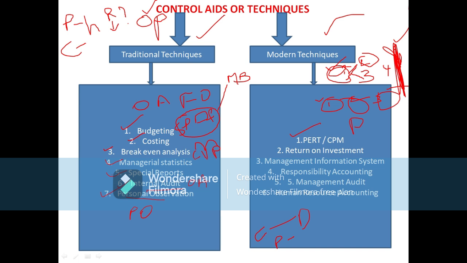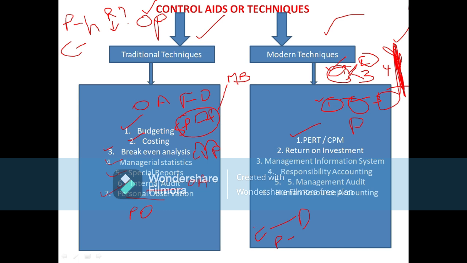PERT is used when the emphasis is on shortening the execution time of the project without giving much importance to cost considerations. CPM is preferred when it is desired to minimize overall cost for a given execution time through optimum allocation of resources.